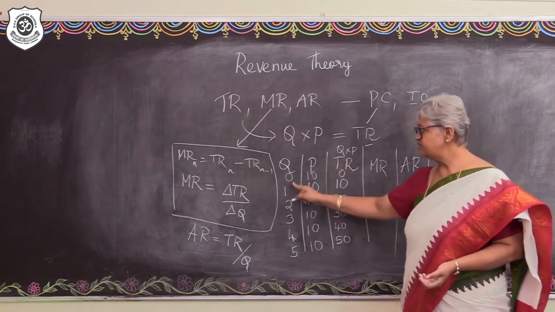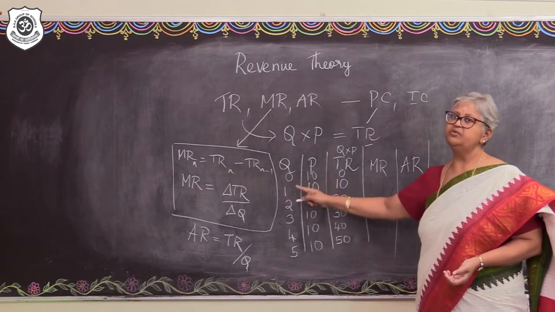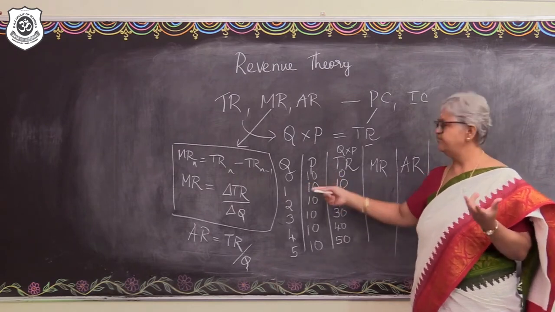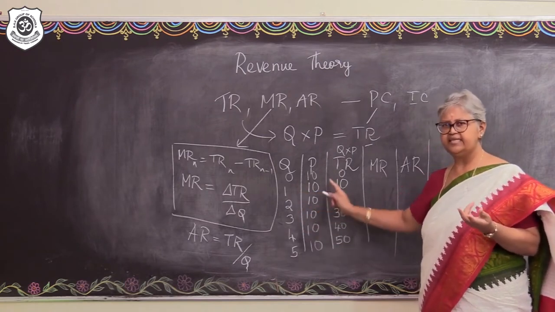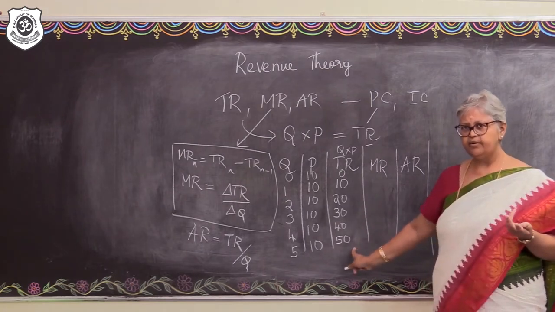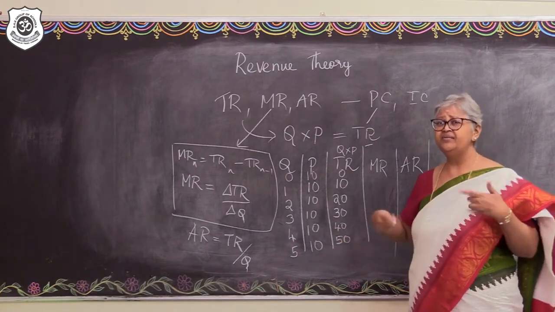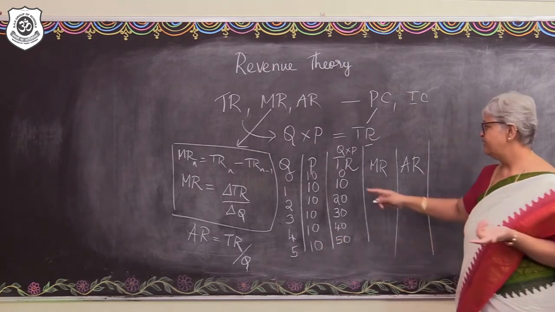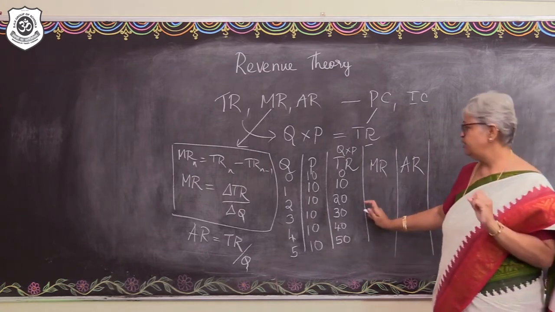So, when no sale is there, no total revenue. And then the first unit is sold, second, third, fourth, they are sold at the same price, and you see that the total revenue is increasing. Okay. So, at what rate is it increasing? That's what we are going to check out here through the marginal revenue.